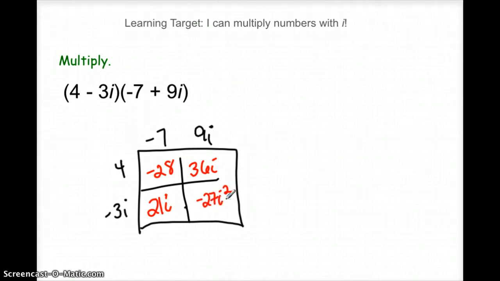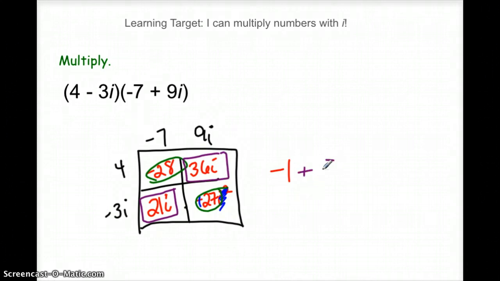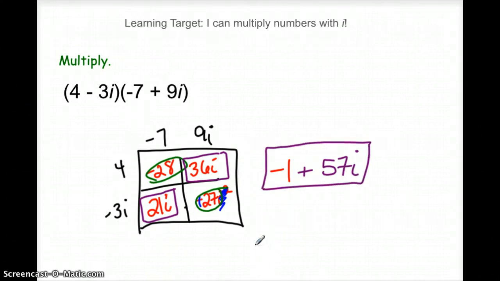But cancel that i squared out and make it a plus. So then add these regular numbers together. Negative 28 and a positive 27 would leave me with a negative 1. And then 21i plus 36i, what would that be? That would be 57i. So all together, that would be my answer.